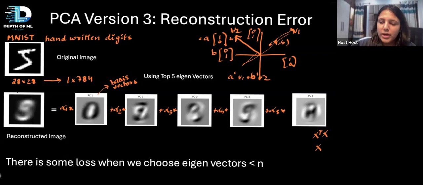Now, can you observe that these images are not perfect? Obviously, the reconstructed images have some error, or they're not a perfect spitting image of the original image. So there is some loss, right?